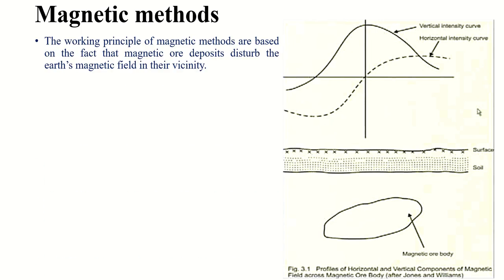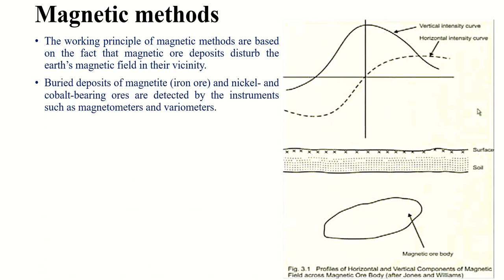The working principle of the magnetic method is based on the fact that magnetic ore deposits disturb the earth's magnetic field in their vicinity. Due to this disturbance, we can easily find the locations of the suspicious magnetic ore bodies.